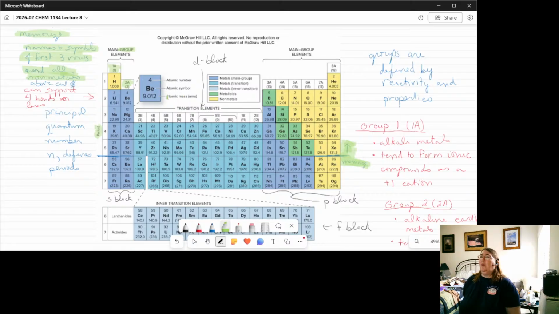But definitely group 1A, 2A above the cutoff, and all the nonmetals above this cutoff blue line, which is basically through xenon, will get you almost all of chemistry, with the handful of transition metals we'll talk about shortly.